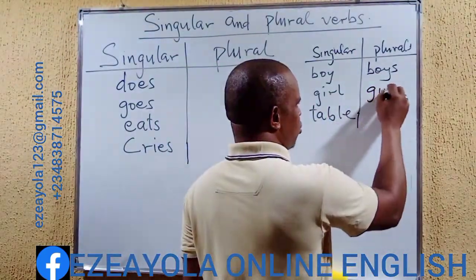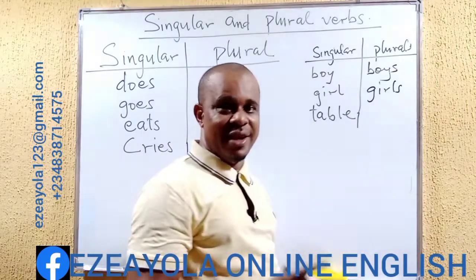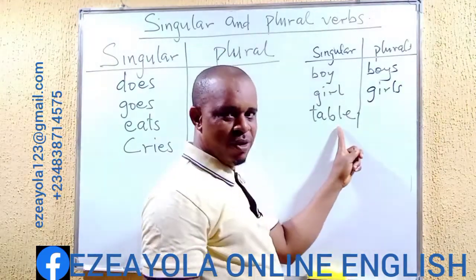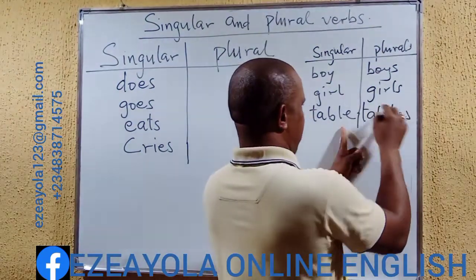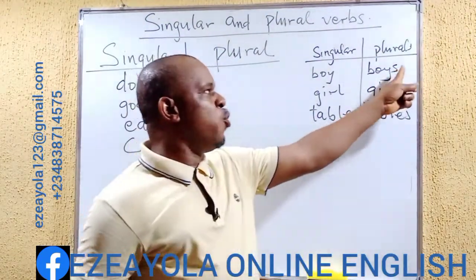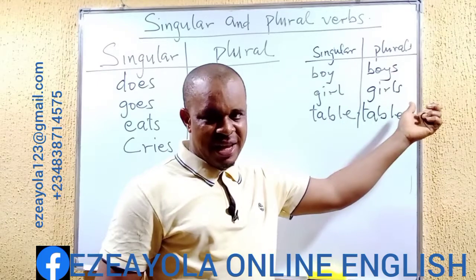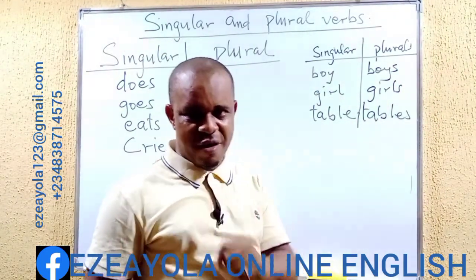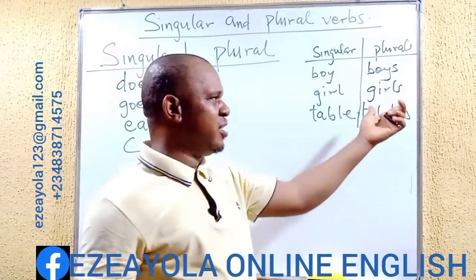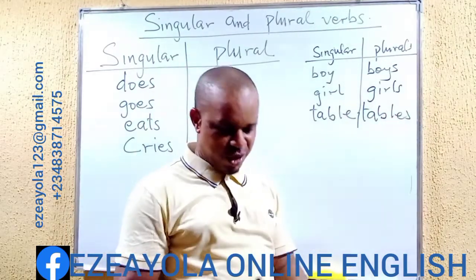The girl is also girls. You add the S. And the table, one table, of course, three tables. Now, what do you notice? We add the S in the plural forms of the nouns. Very, very important. Of course, this is very simple. Everybody has to know this.